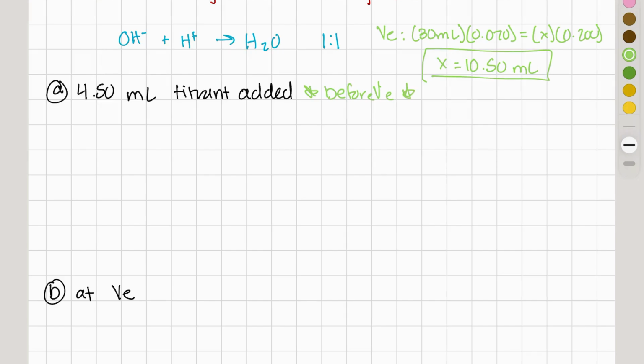Alright, so before VE, I'm going to work out these streamlined calculations just because that is what makes sense to me. But you can also do this by finding the moles and going about it that way. It's really whatever is best for you. But in this case, if we have 4.50 milliliters of titrant before VE, that means we have an excess amount of that OH.